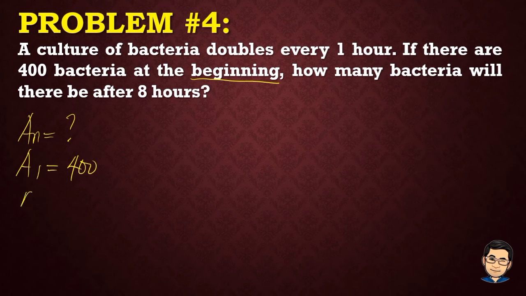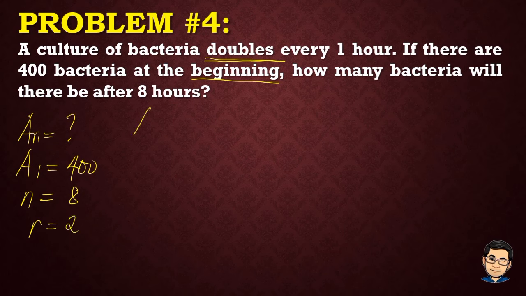And then n, that is 8. What about the common ratio? Based dito sa given, a culture of bacteria doubles every 1 hour. So, we have there the word doubles. It means 2. So, the common ratio is 2.